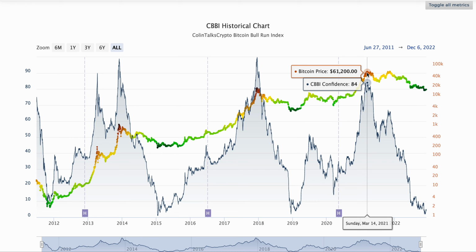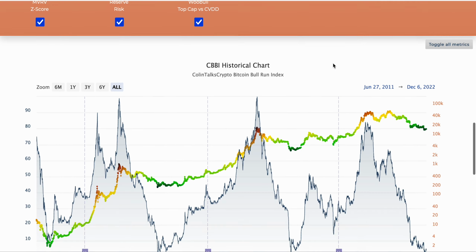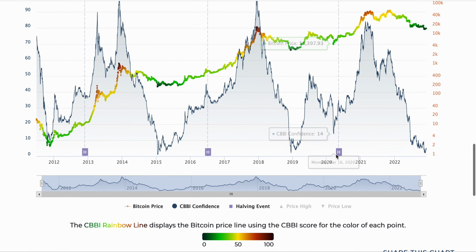As you can see, it did a good job at predicting that blow-off top in March, in this case, March 14 of 2021. Now let's go to the charts that it actually uses. It's these charts here, and it also considers the halving events.